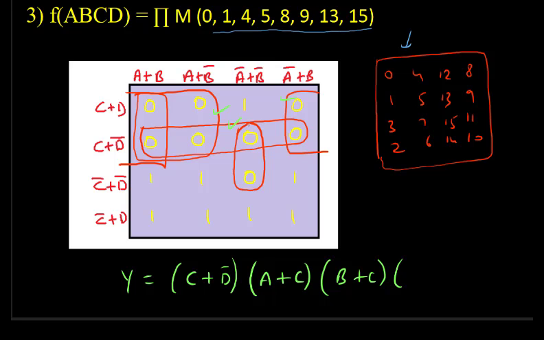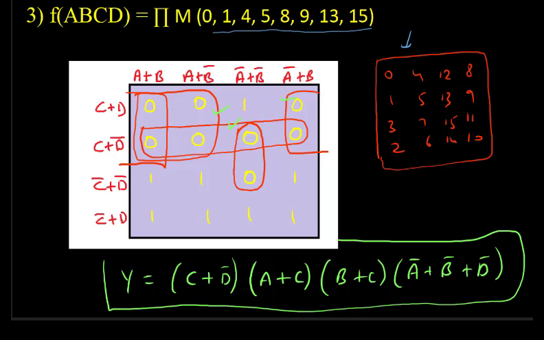A pair eliminates one variable, so C gets eliminated, so we are left with A bar or B bar or D bar. So this is the final answer. This is how we reduce using the K-map.